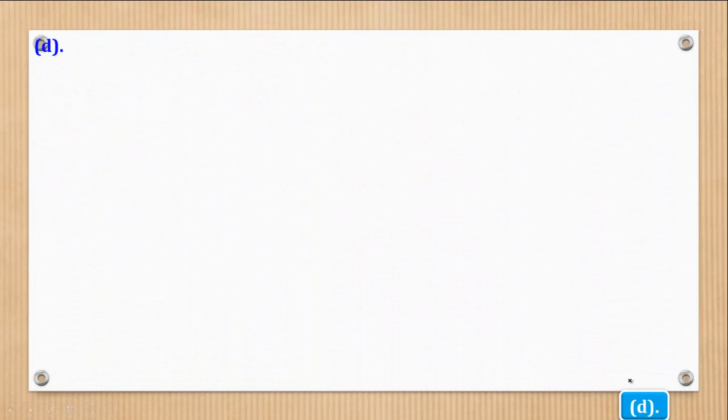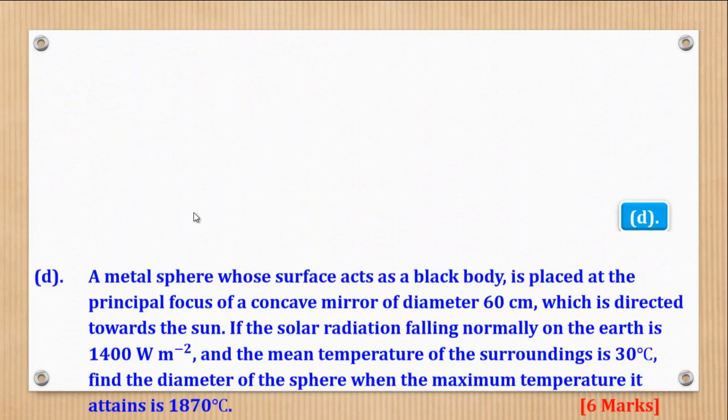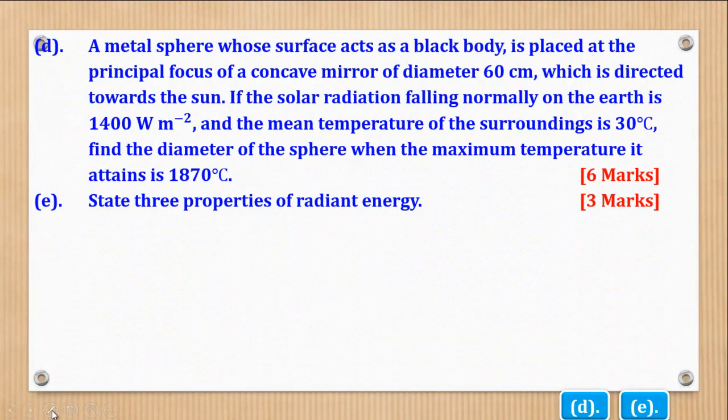Then part D, a metal sphere whose surface acts as a black body is placed at the principal focus of a concave mirror of diameter 60 centimeters, which is directed towards the sun.